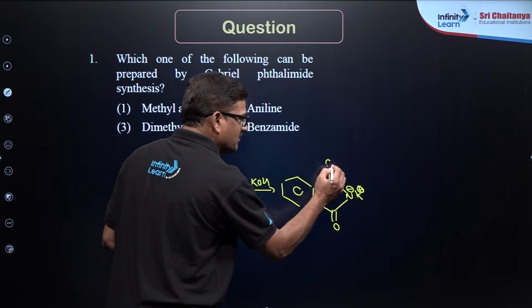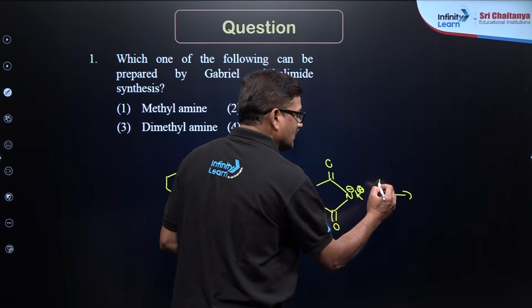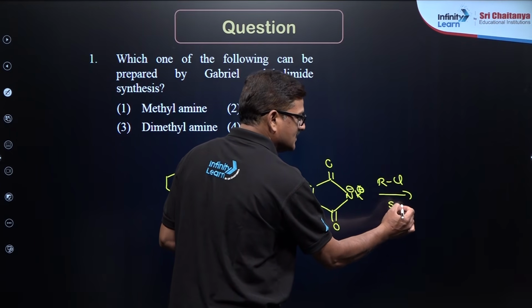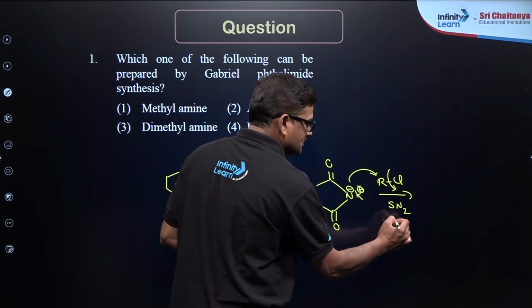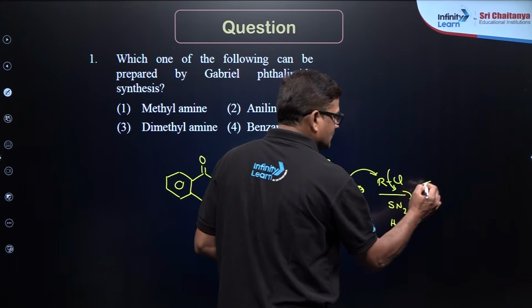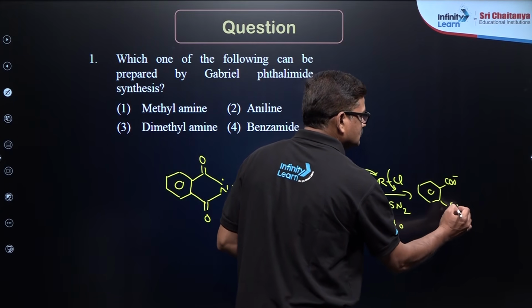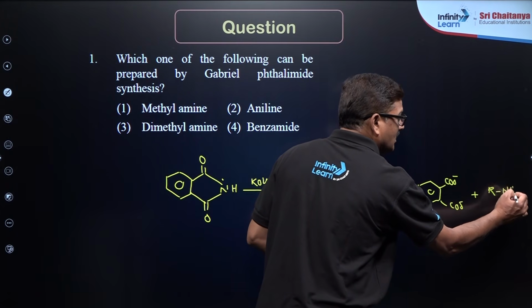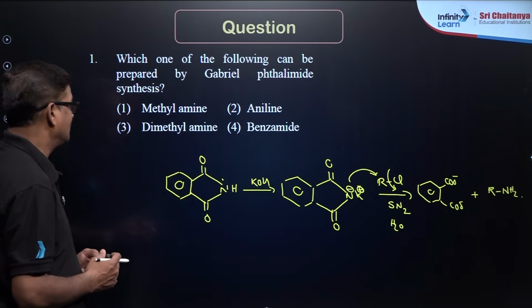This potassium phthalimide is going to be an excellent nucleophile. It is going to react with alkyl chloride or alkyl halide by means of SN2 reaction. So after further hydrolysis, you are going to get the amine, and only primary amines are prepared by this Gabriel phthalimide synthesis.